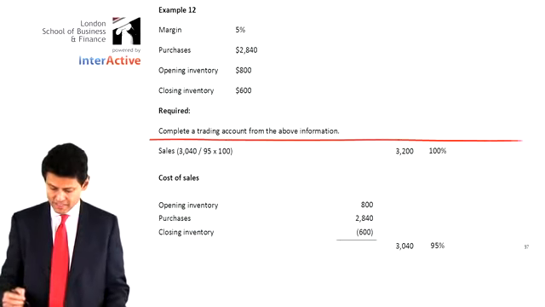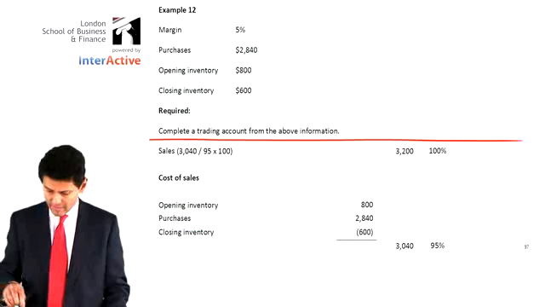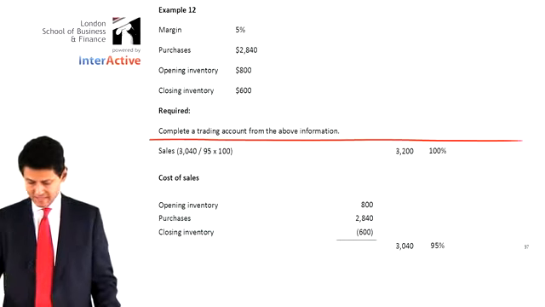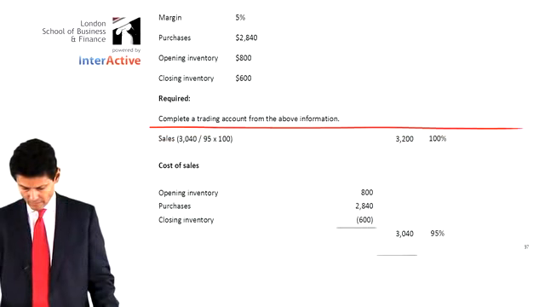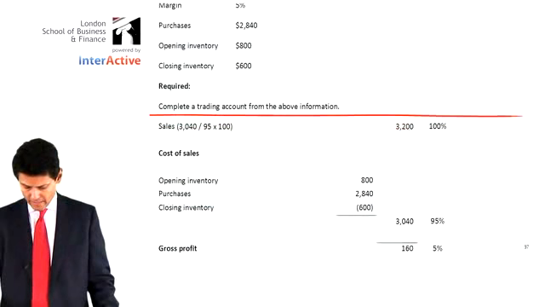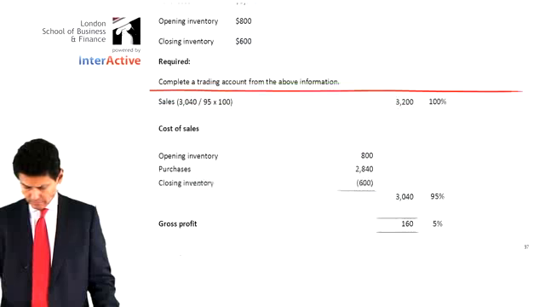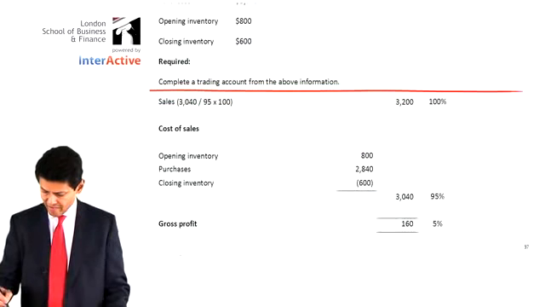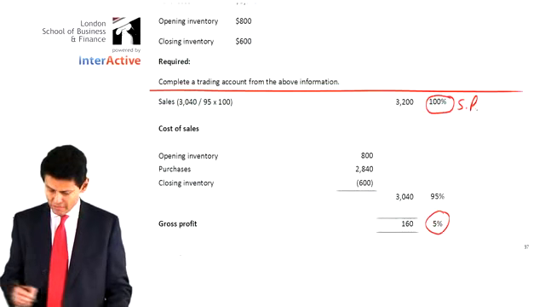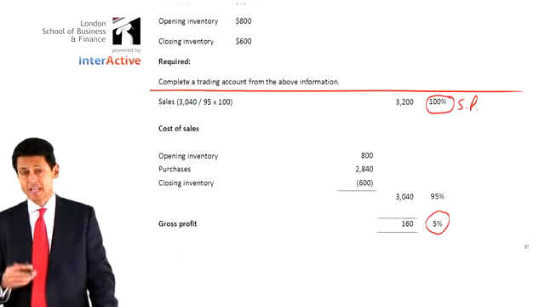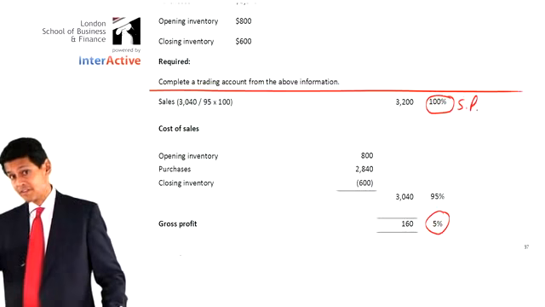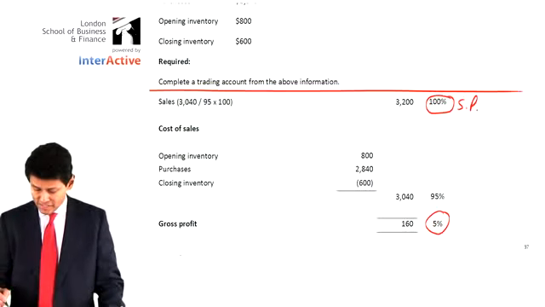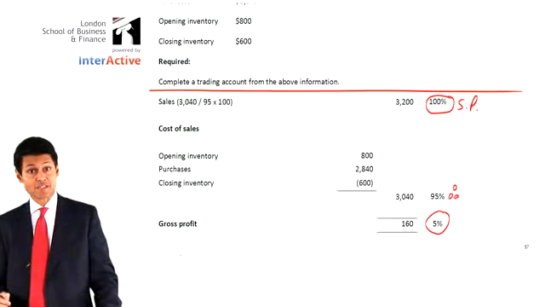Margin is 5%. Interesting. So if the margin is 5%, you see this gross profit 5% on the selling price of 100. And if your selling price is 100 and the margin on that is 5, the cost of sales has got to be 95%. You see that?